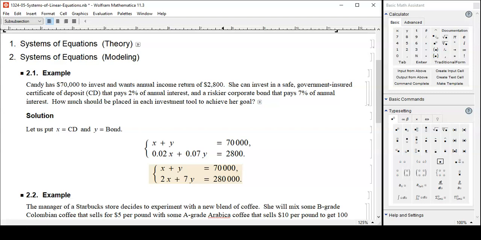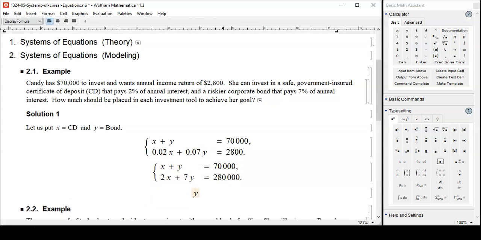So which method shall I use? Let's use the substitution method. Solve for one variable and plug into the other. Let's solve for y from the first equation. Yes, you could decide for x, but I decided to solve for y.